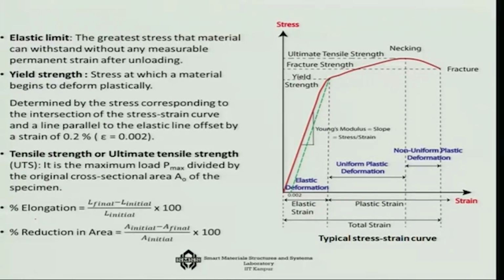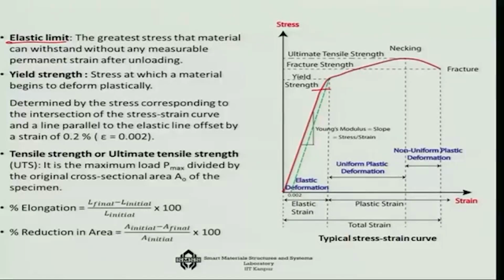You will see that there is an initial region where, if you unload the material, it will come back to the same point itself, and that is known as the elastic limit. That means the maximum stress that it can withstand without any measurable permanent strain after unloading.